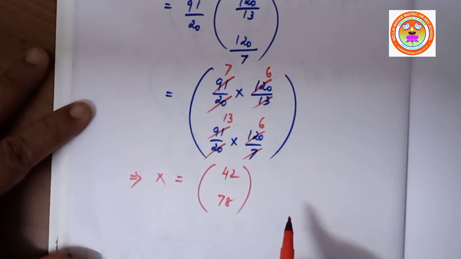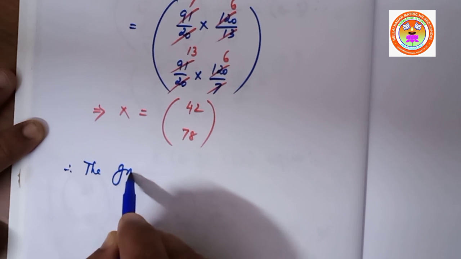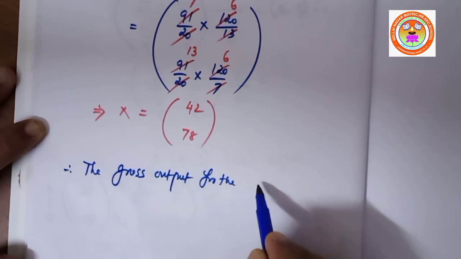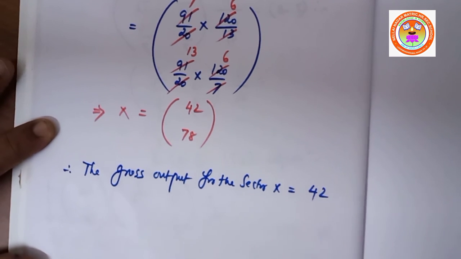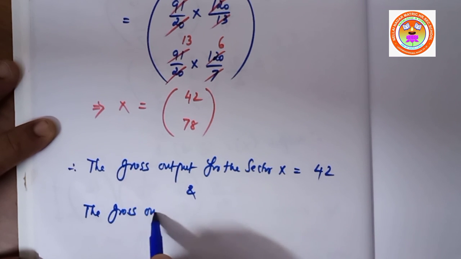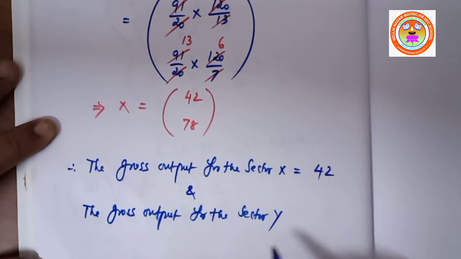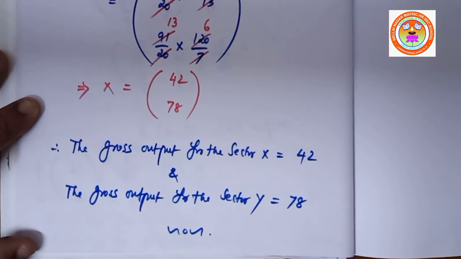This is a capital X. Therefore, the gross output for the sector X is equal to 42, and the gross output for the sector Y is equal to 78. So problem number 7 also is completed. So exercise 1.4 is over. Thank you, children.